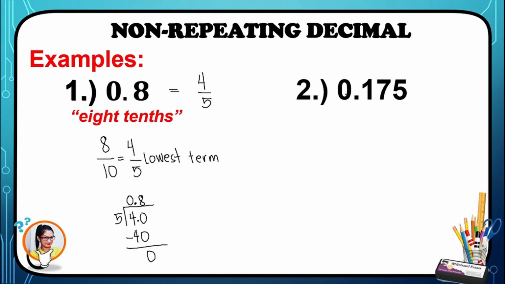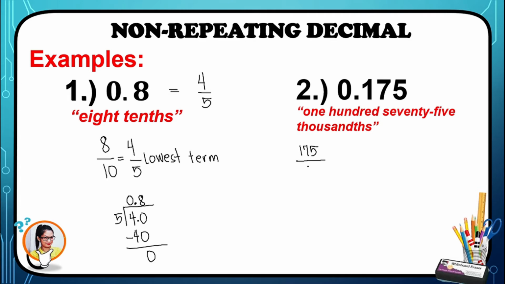Next, for number 2, this is read as 175 thousandths. And so from here, we will have 175 over 1,000. So 175 divided by 25 is 7, and 1,000 divided by 25 is 40.